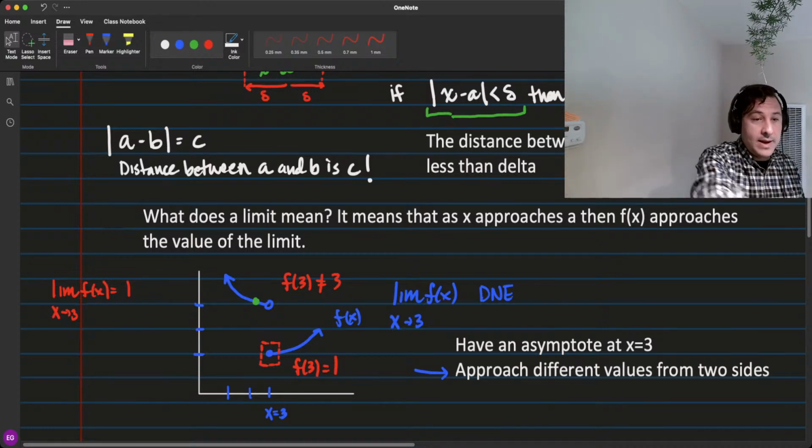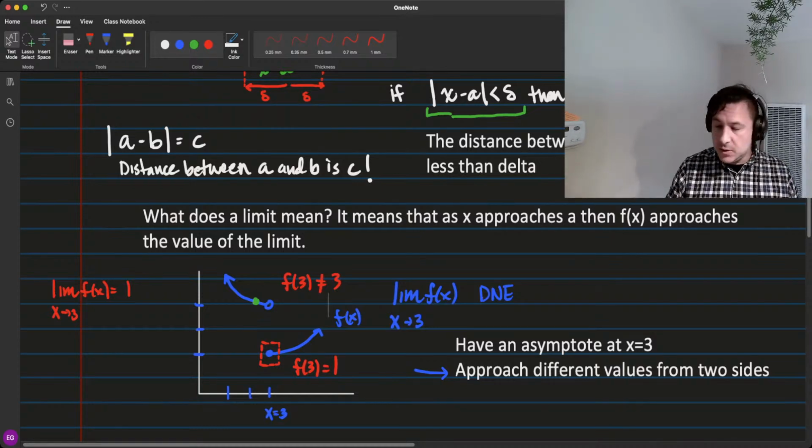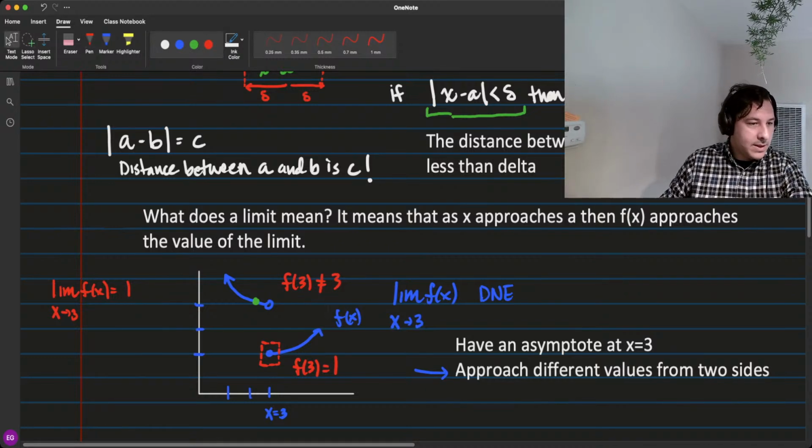Okay, cool. Now, if the limit was equal to 1, then what should I be able to do? Let's write that down.